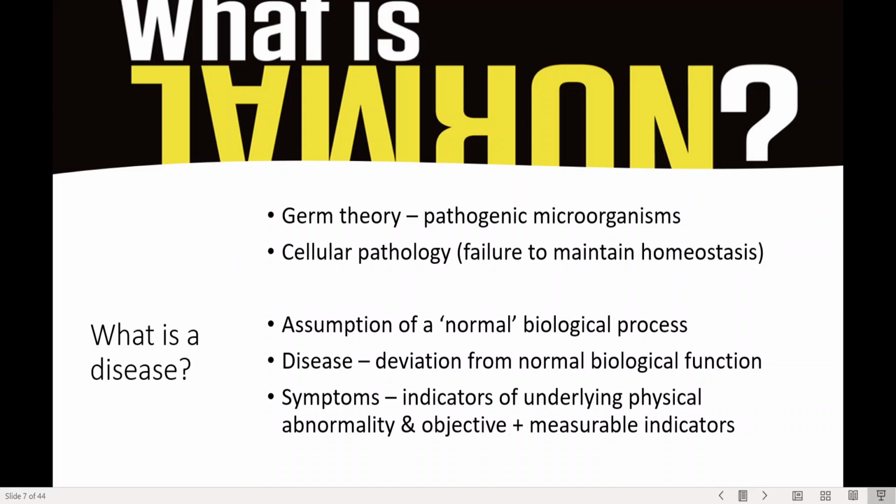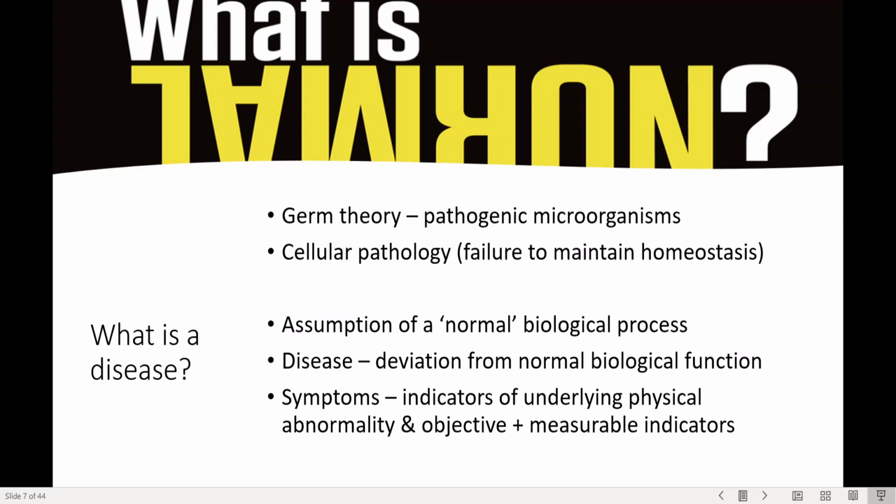The classic assumptions, or the classic theories, are related to germ theory. So we have pathogenic microorganisms that affect the body and throw the body out of balance. Or we have all sorts of theories related to cellular pathology, where cells in our body try to maintain a homeostasis, and if there are any kind of stressors on the cells that destabilize that homeostasis, our body becomes sick.